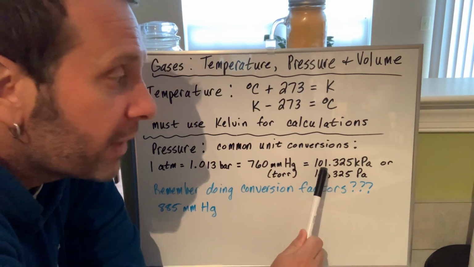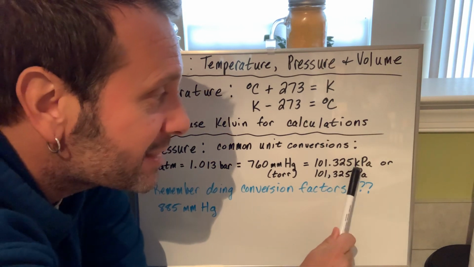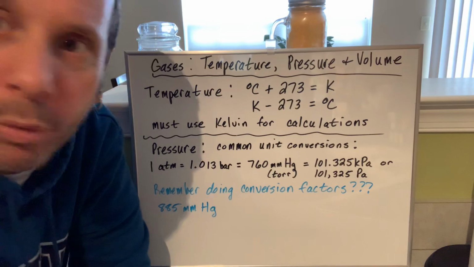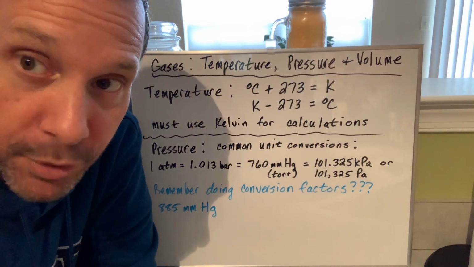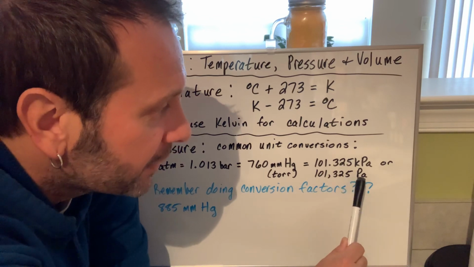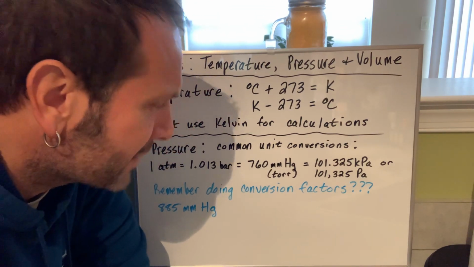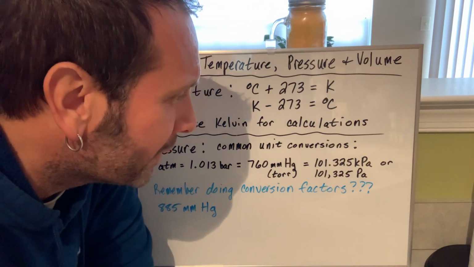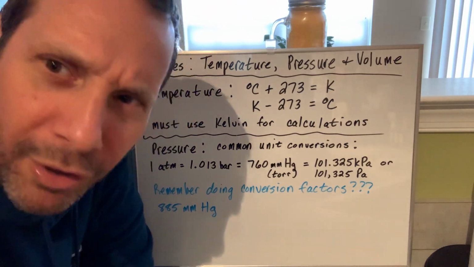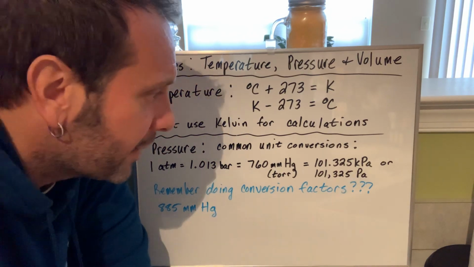Then the one over here, we have 101.325 kPa, which means kilopascals. Don't worry, you'll be able to use your metric converter. Or 101,325 pascals, Pa. Pascal was a scientist, but he was also a poet, and he struggled a lot with his science and theology. Anyway, they named that after him.